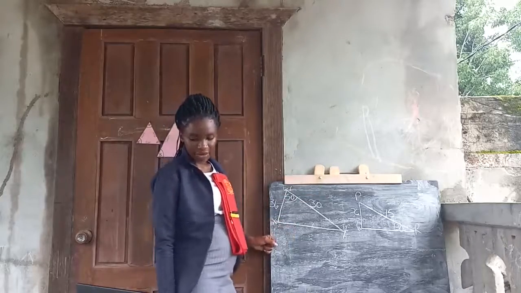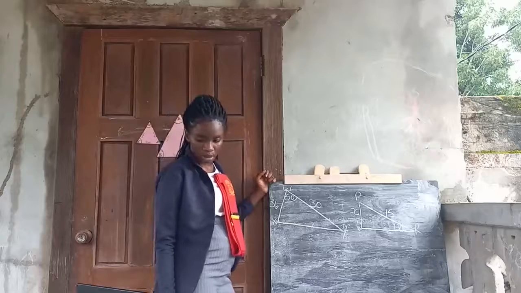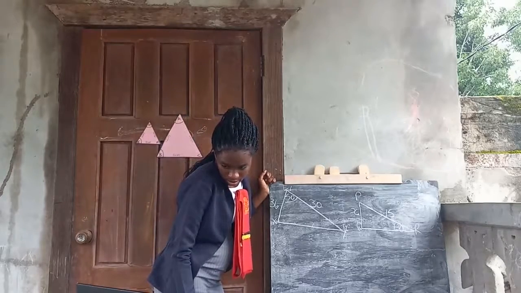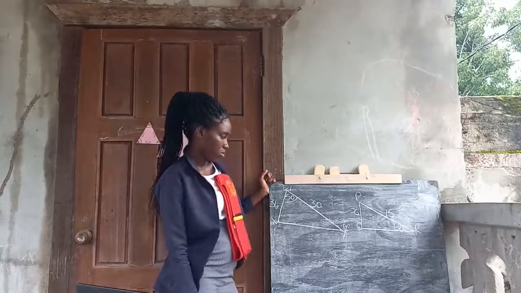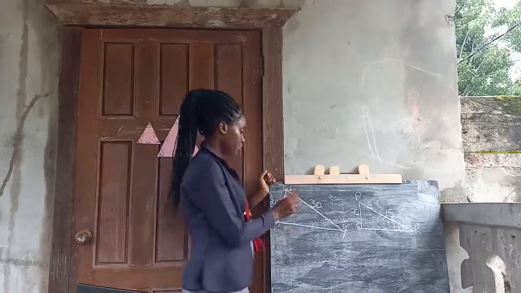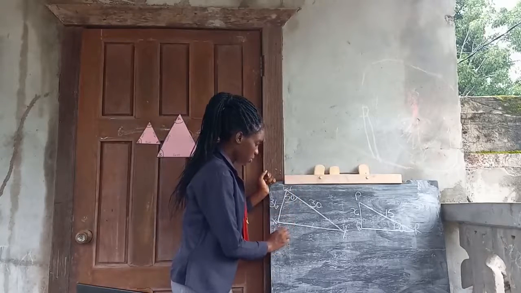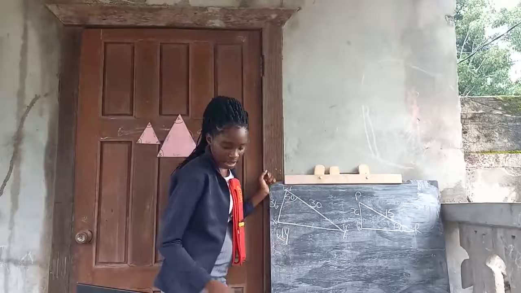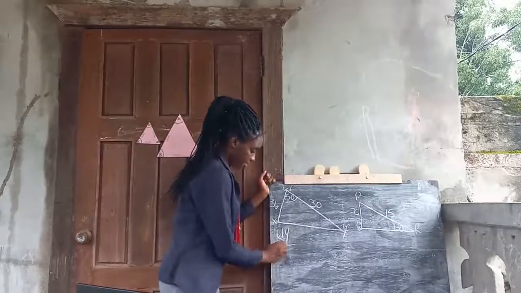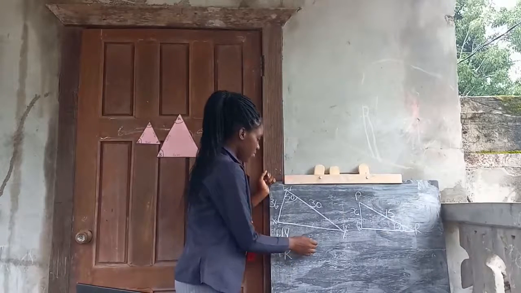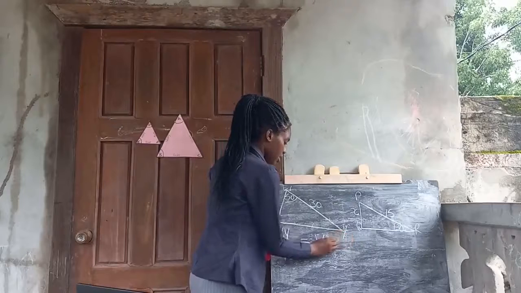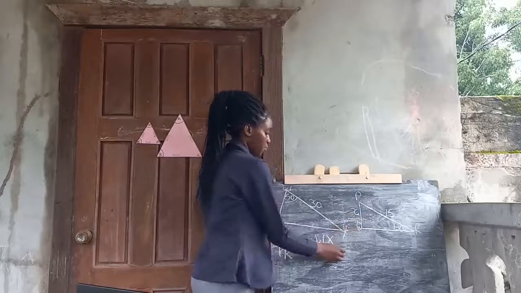So in this case, what we do, we'll put WY divided by PR, and that's going to equal WX by PQ.